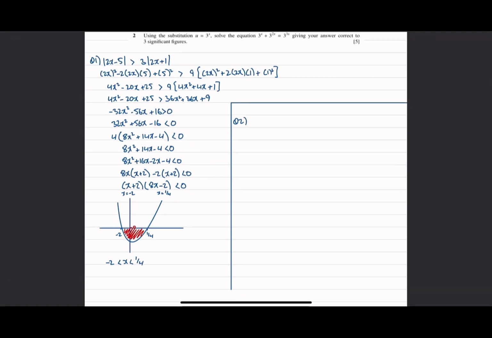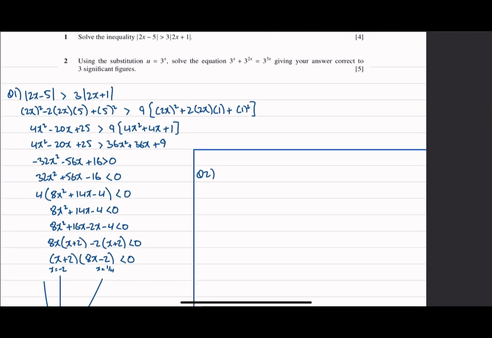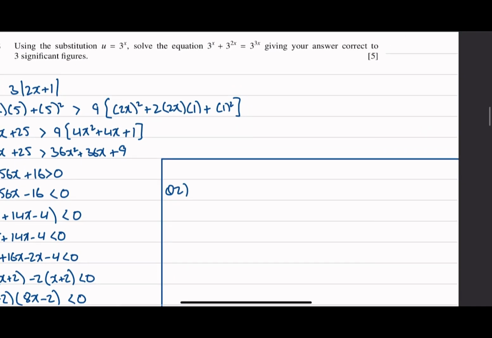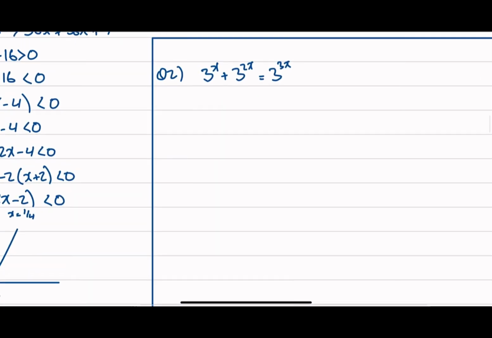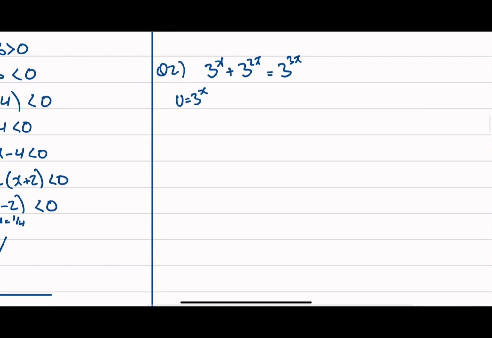Question 2 says, using the substitution u equals 3 to the power x, solve the equation 3 to the power x plus 3 to the power 2x equals 3 to the power 3x, giving your answer correct to 3 significant figures. So they've given us the substitution, which is u equals 3 to the power x. So 3 to the power x plus (3 to the power x) squared equals (3 to the power x) cubed.